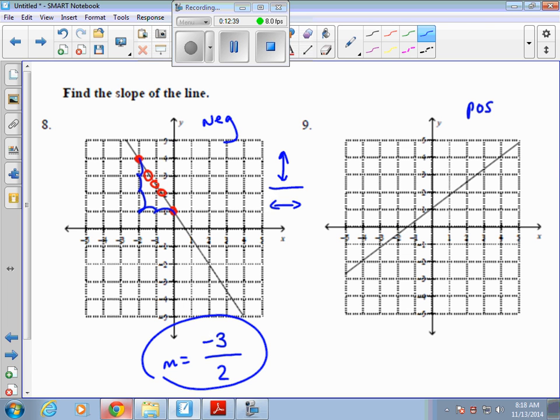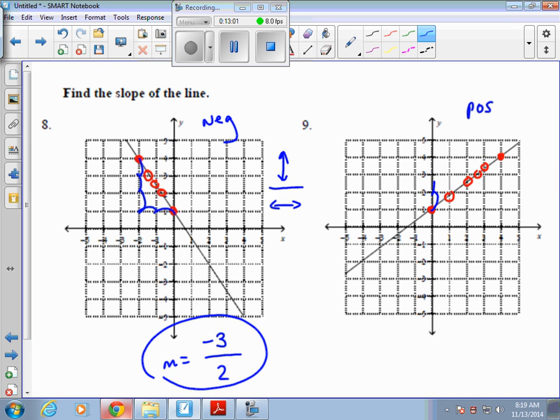The same thing with number 9. Choose points that go through intersections like this one. Don't use this one. It looks like it's below it. Don't use this one or this one or this one. This looks like a good one. Choose those 2. Okay? And if those aren't to your liking, go pick 2 more that look like they're going through intersections. But if you use those 2, again, how much are we going to go up or down?